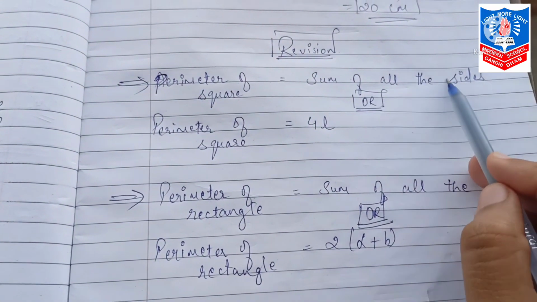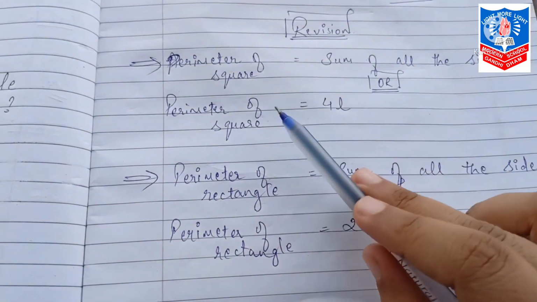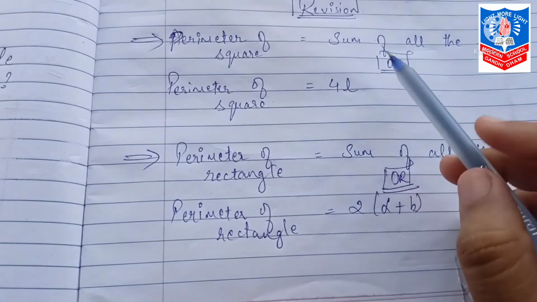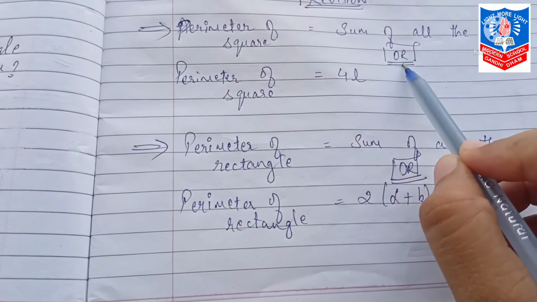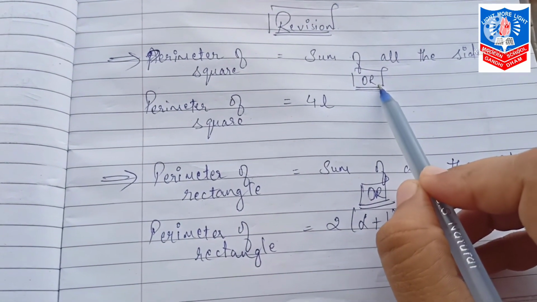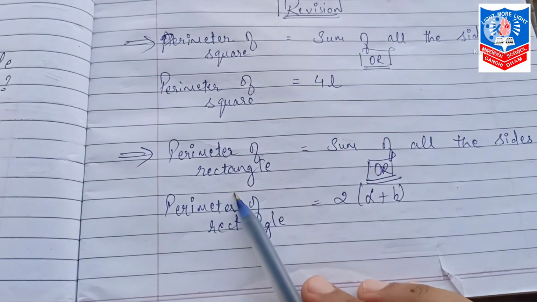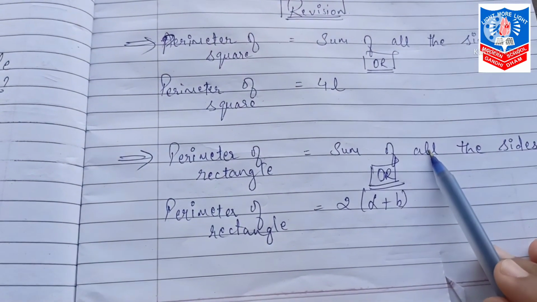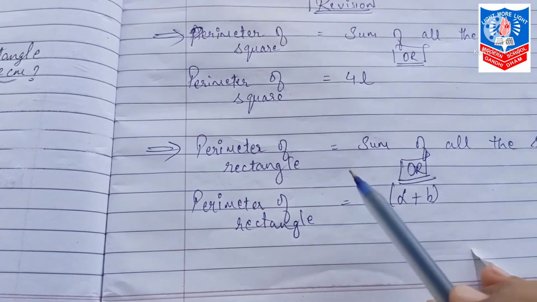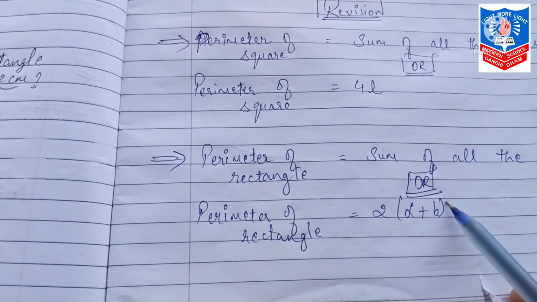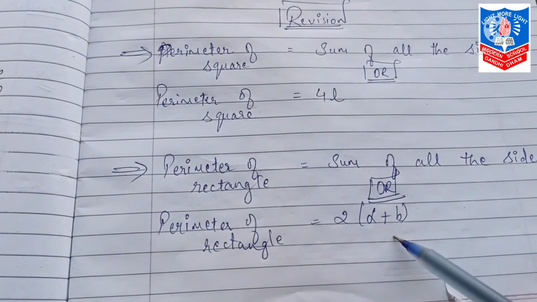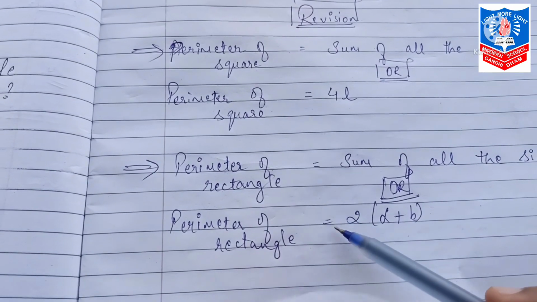We will total up all the sides of the square, or else you can use a formula that is 4 into L. That's why I have written over here or. ओके मतलब आपका ऑप्शन है कि आपको कौन सा चूज़ करना है. सेकेंड, पेरीमीटर ऑफ रेक्टेंगल ऑल्सो यू आर हैविंग द सेम सम ऑफ ऑल द साइड्स एंड वन इज विद द फॉर्मूला 2 in bracket length plus breadth. Now you can use any one from both for the perimeter of rectangles.